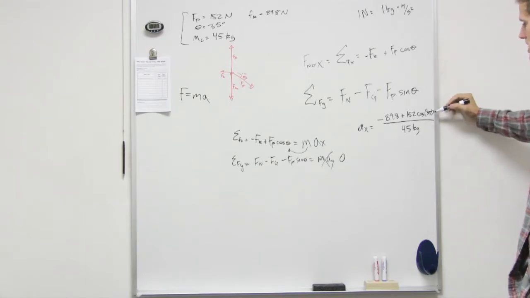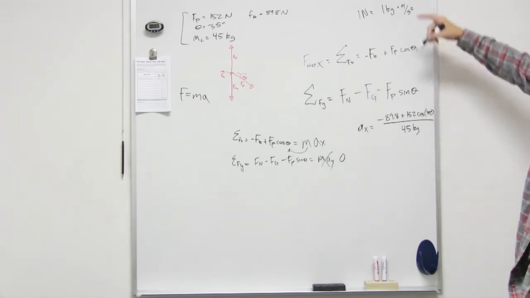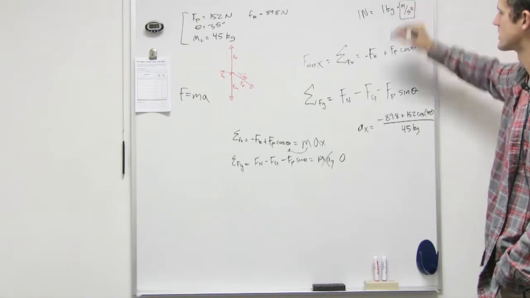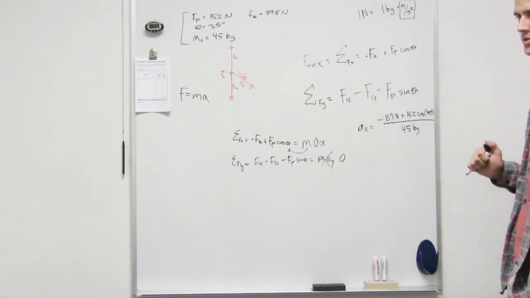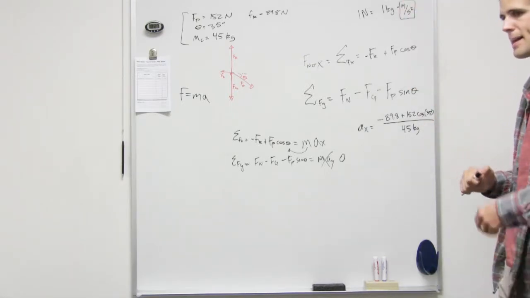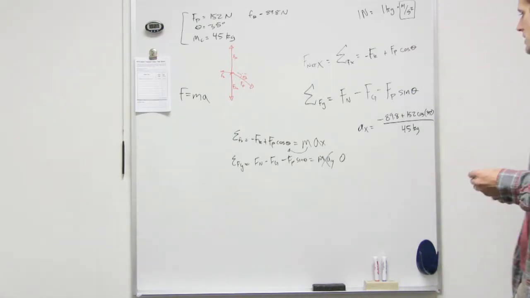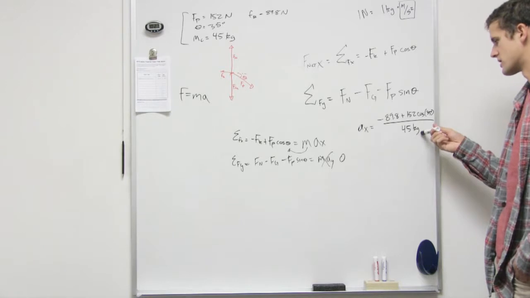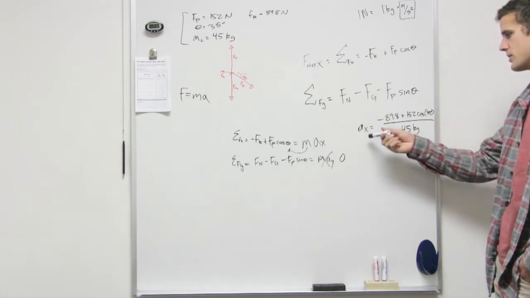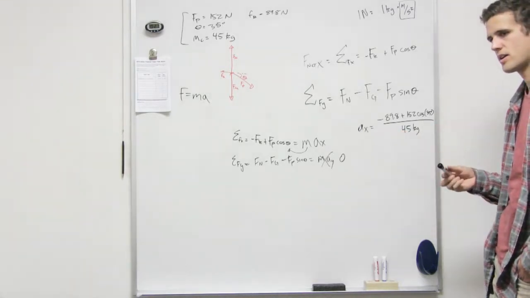So if you have newtons on the top and kilograms on the bottom, you just cancel out and your units become meters per second squared. So anytime we have newtons and kilograms? Yeah, you're going to end up with units of meters per second squared.